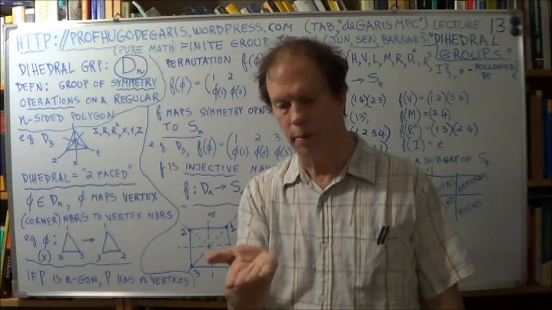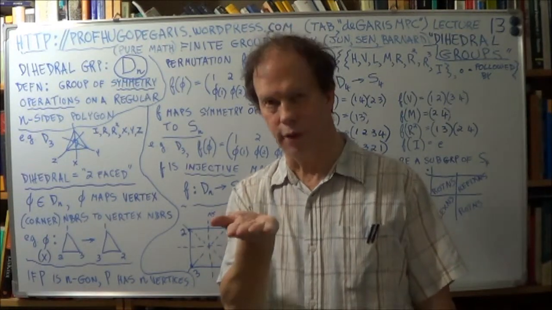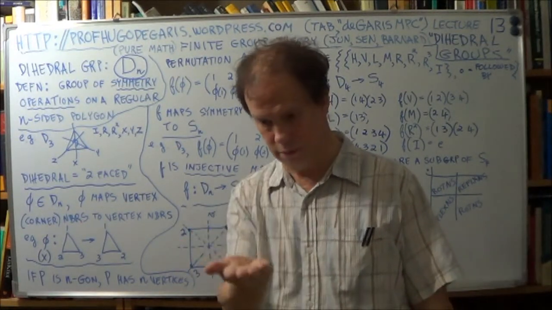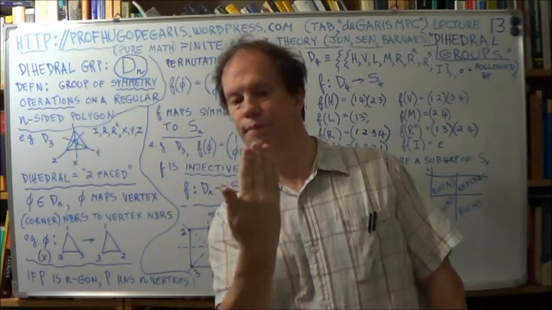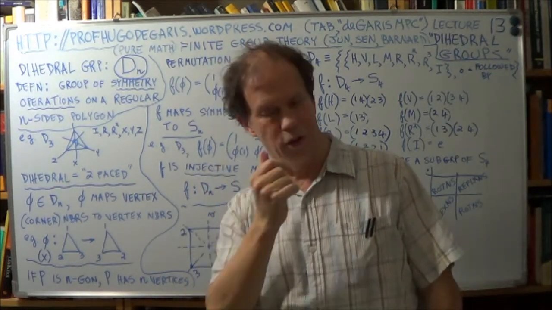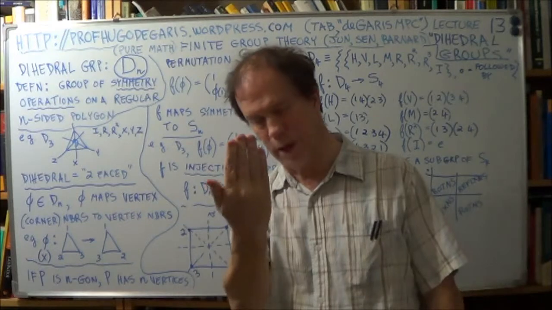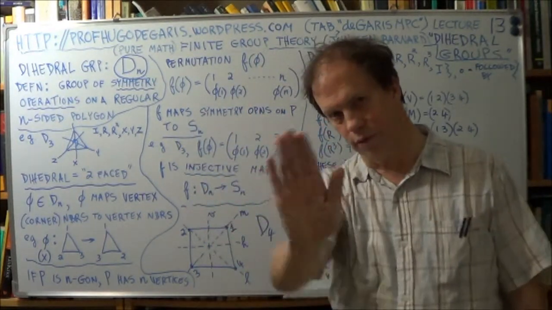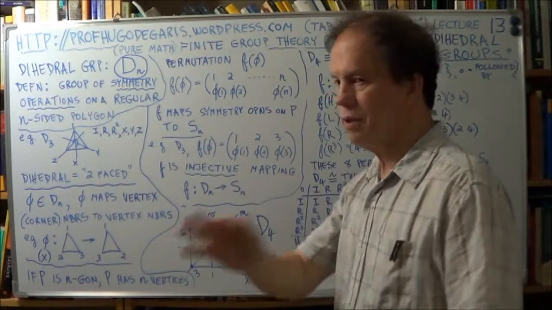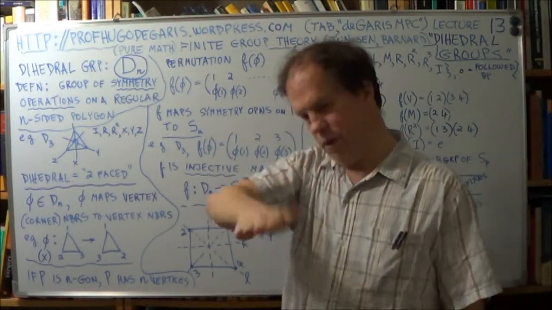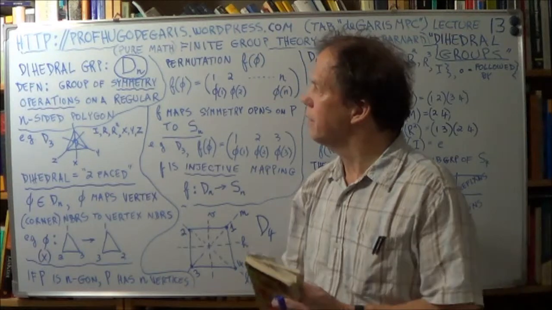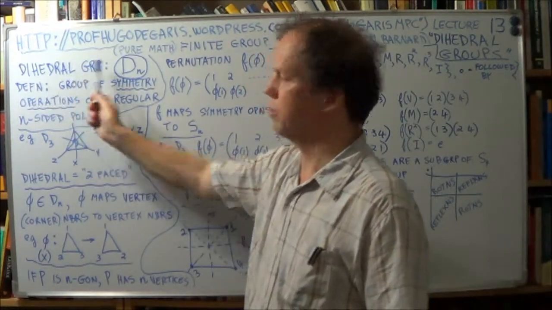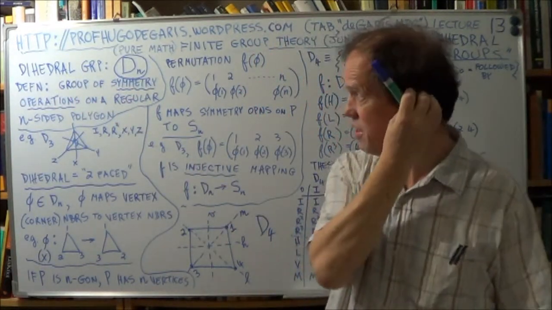Well, about half the symmetry operations involve flipping, like this. So you get two sides, so to speak, and the other half are just simple rotations, but without flipping. So it's the flipping side of them, doing this kind of thing, that makes dihedral groups. That's what's characteristic about them.